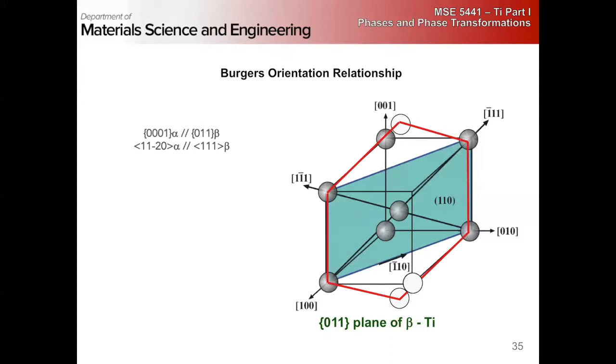And basically you can see the relationship between the {110} plane in the BCC beta and the small amount of motion that needs to happen to make this be the basal plane in hexagonal, right? It's not super hard to visualize, and the <111> direction ends up being parallel with the <11-20> direction, right?